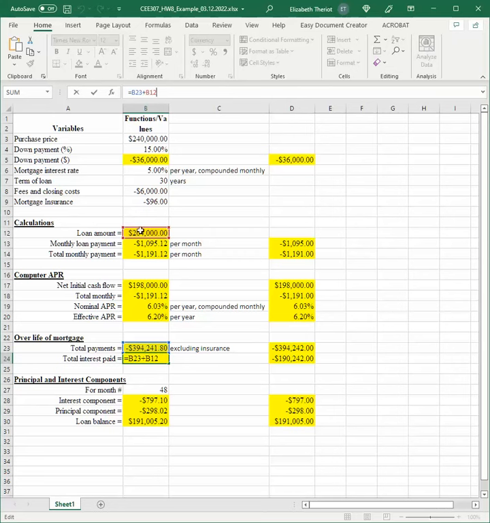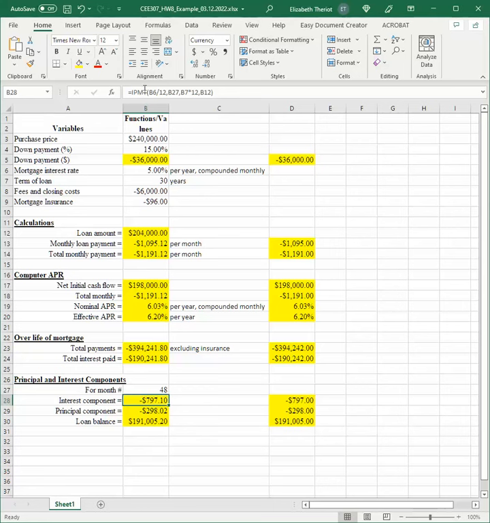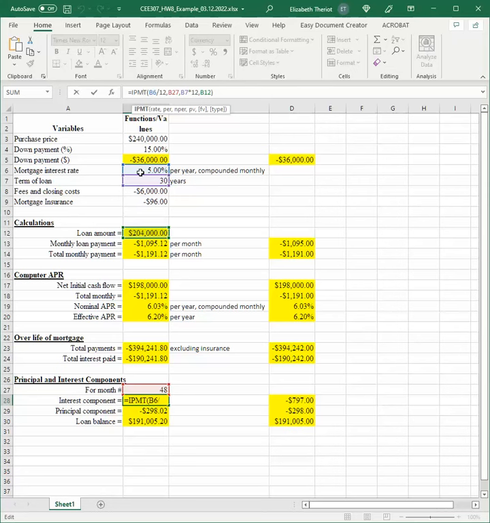The total loan you were given was $204,000, but you're paying a total payment of approximately $394,000. That means you're paying about $190,242 in interest.